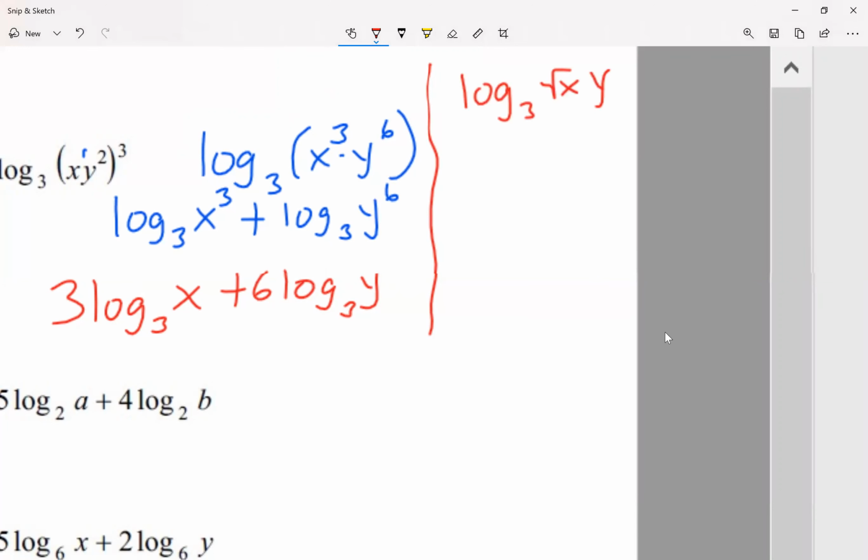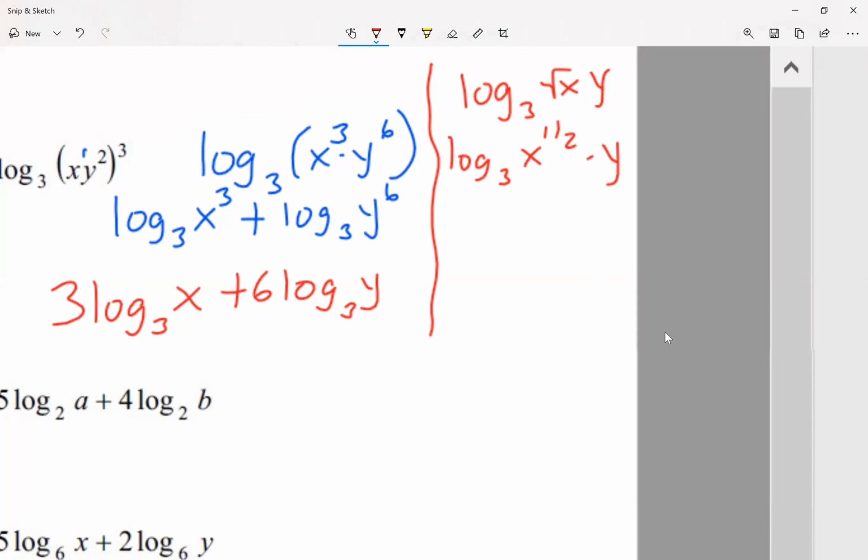The square root is only with x. So you guys can run into those. So to begin with, I'm going to say log base 3 of x to the 1/2 times y.